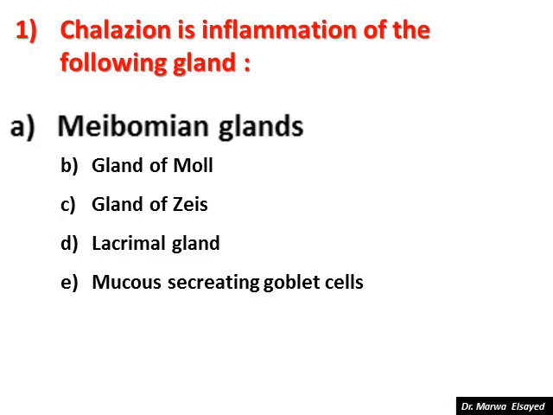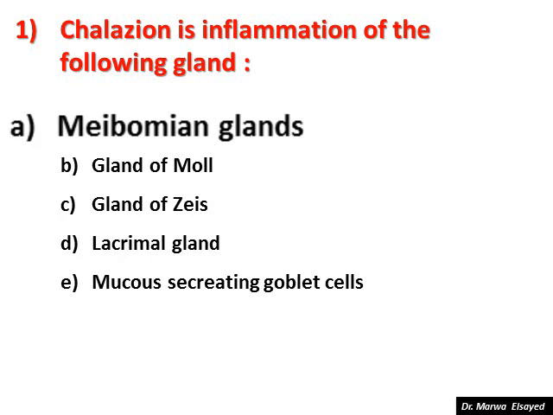Chalazion is inflammation of the meibomian gland, which means that it is present deep to the tarsal plate, and this inflammation forms a mass, but this mass is painless. This is different from the stye. Stye is the infection of the sebaceous gland or sweat gland, infection of the sweat gland of Moll or sebaceous gland of Zeis.